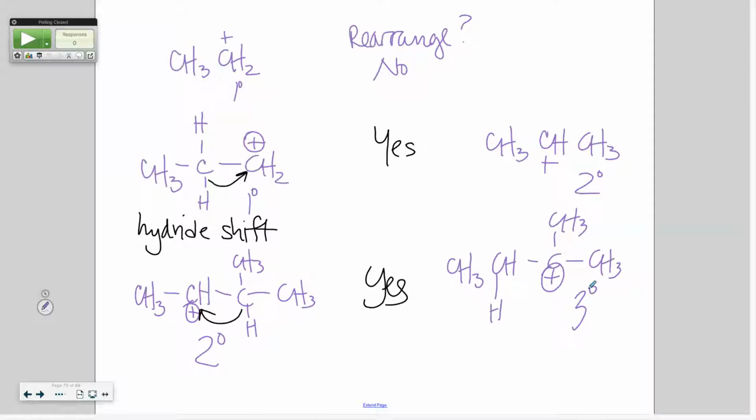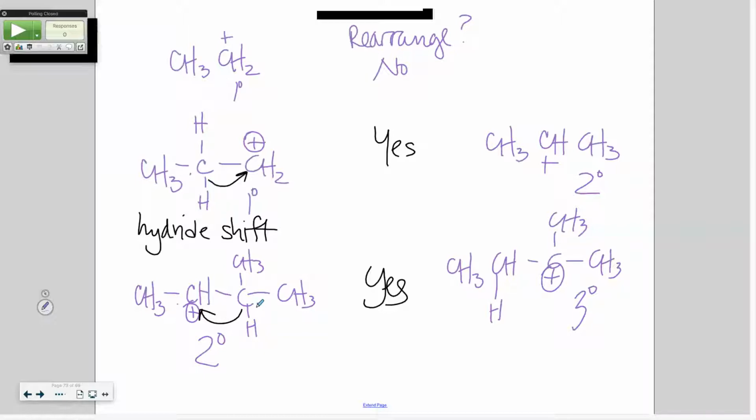Okay, a couple of things. When you draw the arrow to show that something is moving, you always go from the bond to the carbocation carbon. Notice that these carbons, like this one and this one, oh, my bad, this one, are becoming positive.